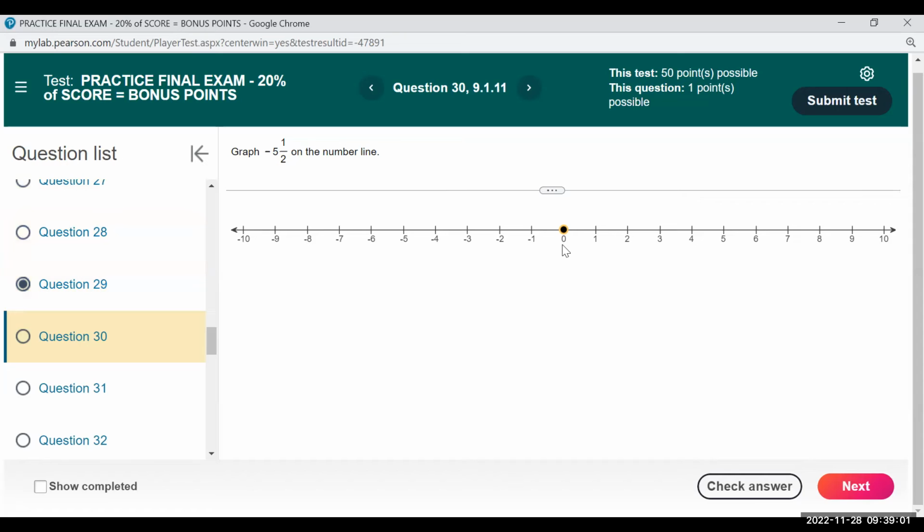From here, left or right? Left. From negative 5, left or right? Between negative 5 and negative 6, because 5 1/2 is between 5 and 6. So it's between negative 5 and negative 6. It's right there.